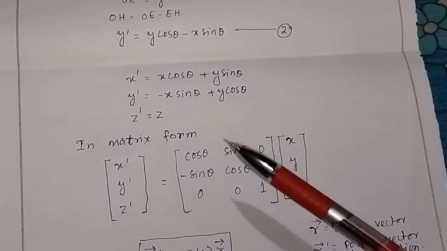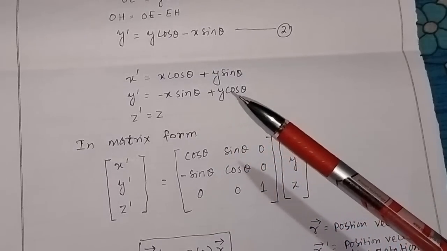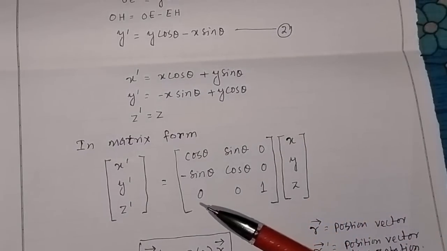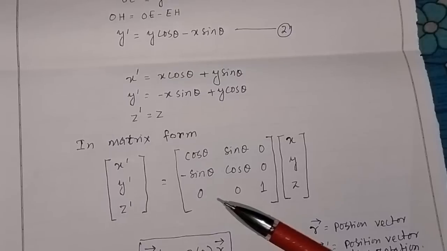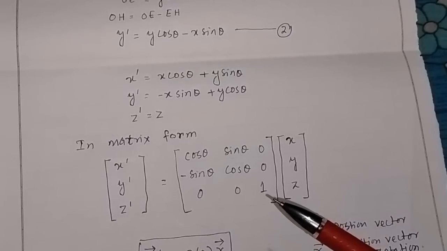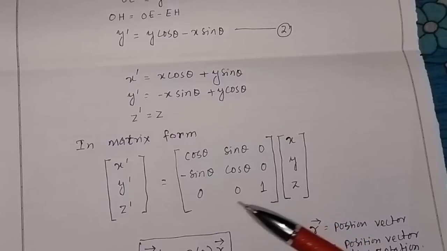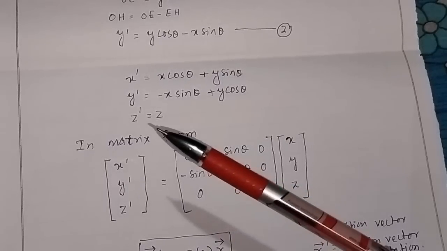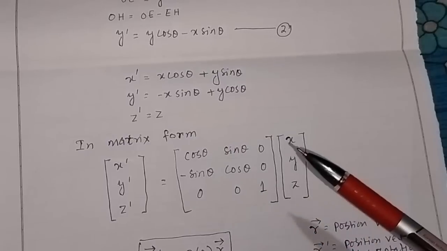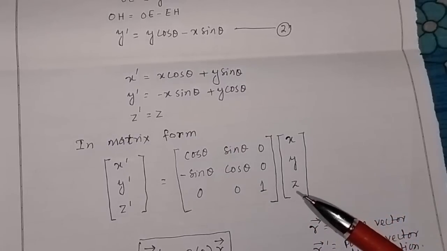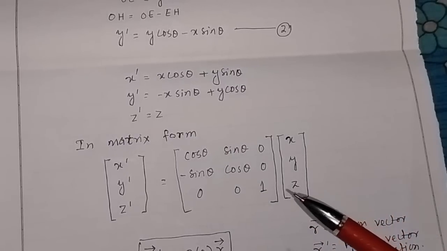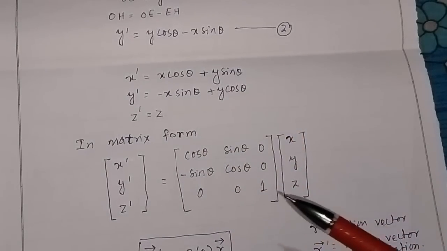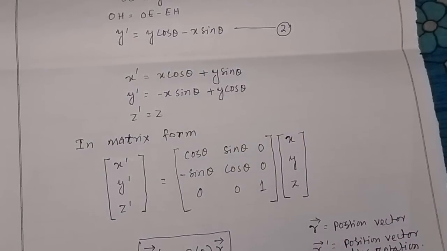Similarly, minus sin theta, cos theta, 0, and for z prime it is 0, 0, 1, because z prime is not changing, times the non-prime coordinates x, y, z. So this is the matrix form.